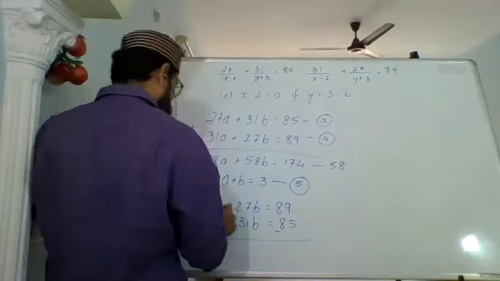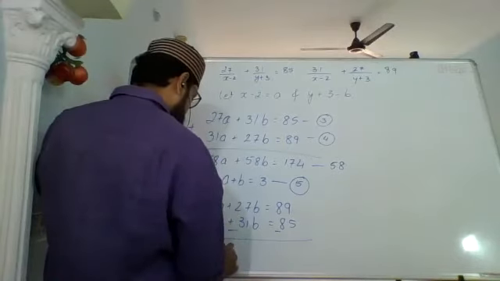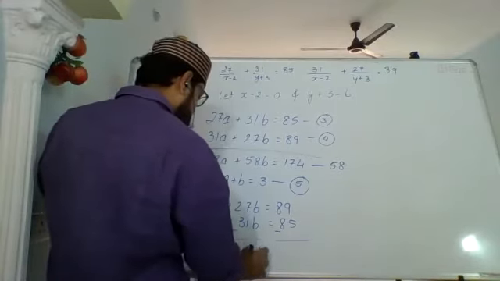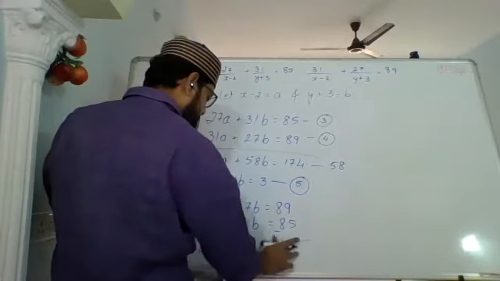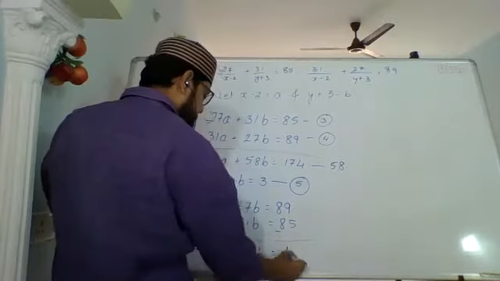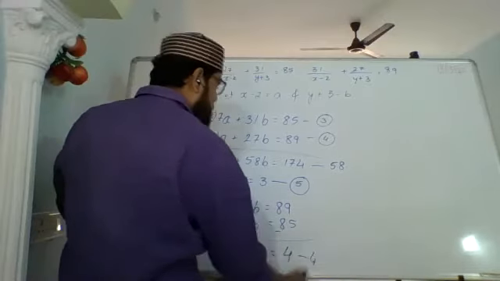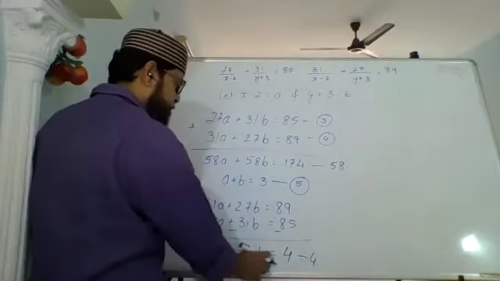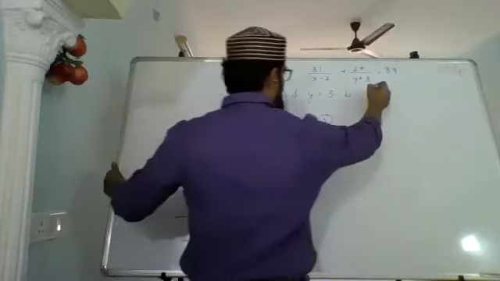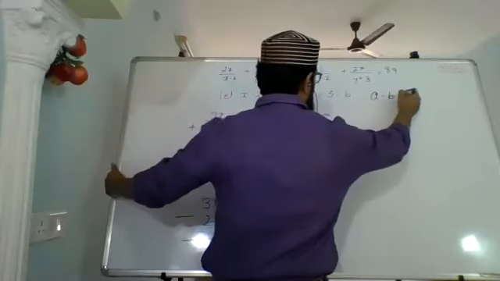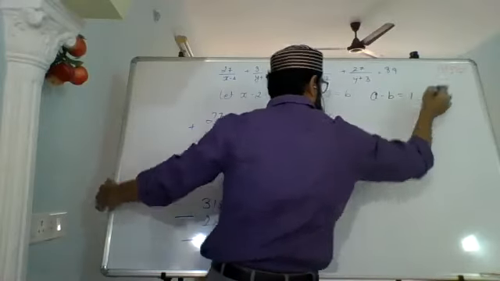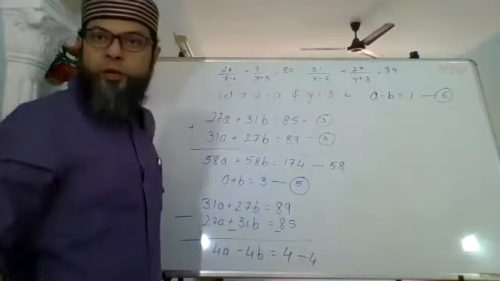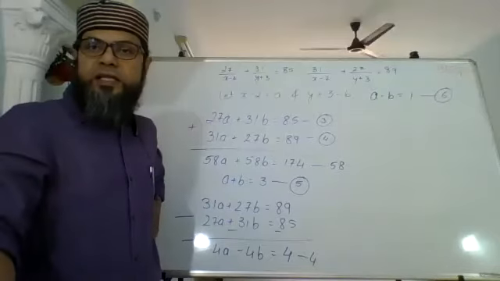So 31 minus 27 is 4a minus 4b equals to 89 minus 85, which is 4. Divide by 4. So I get a minus b equals to 1. This is my sixth equation.